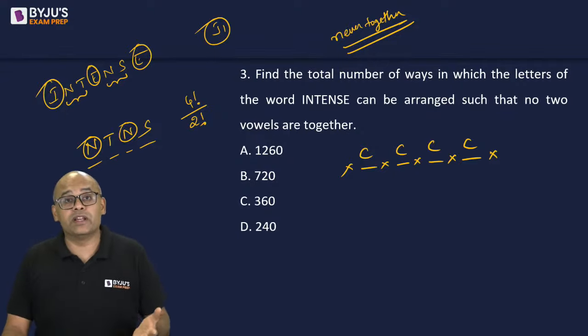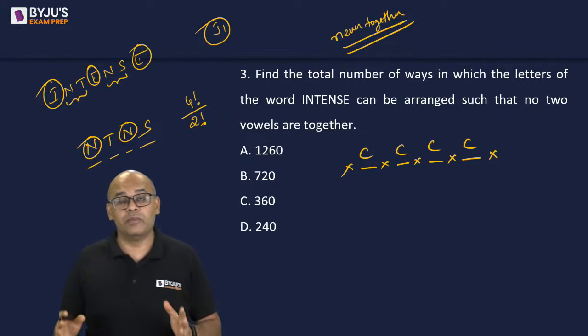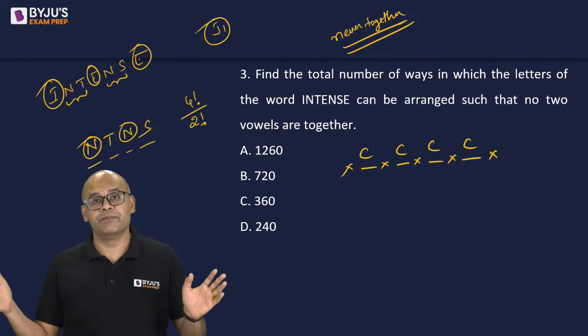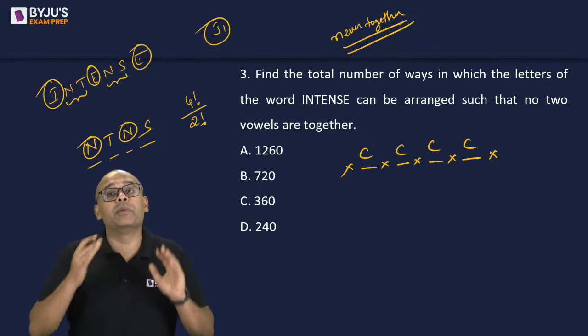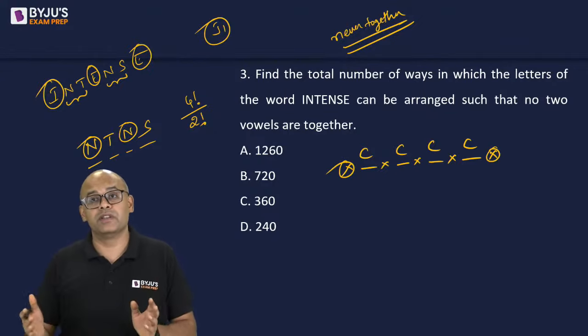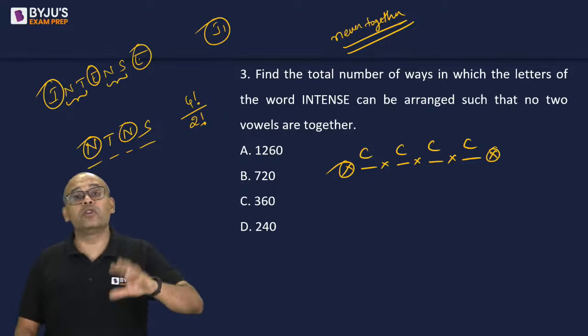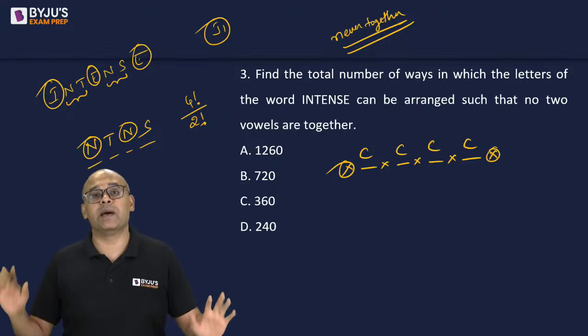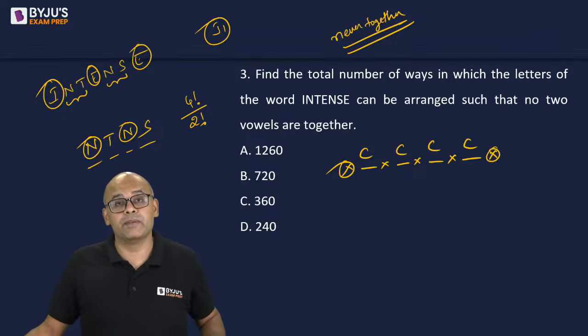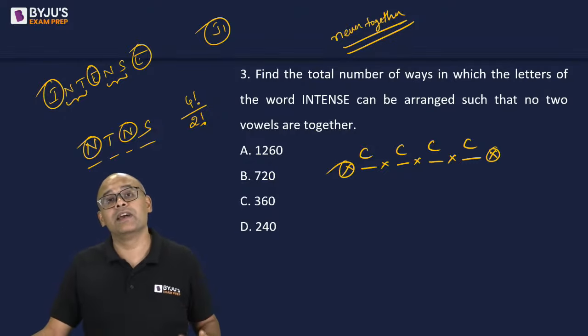So the logic to solve never together problems is, first pick the others who don't have a problem, arrange them. In between, count how many slots are there, including the endpoints. Then whoever should not be together, I will start putting them in these gaps. So now there are 5 gaps and 3 letters.